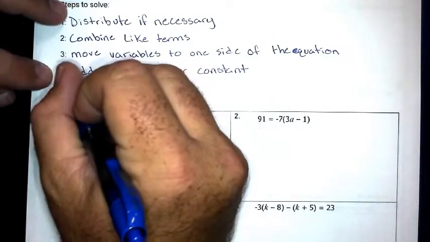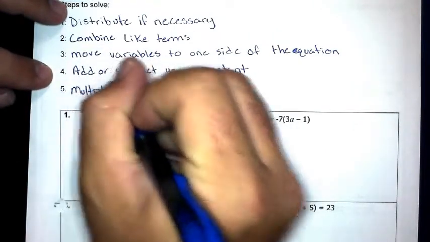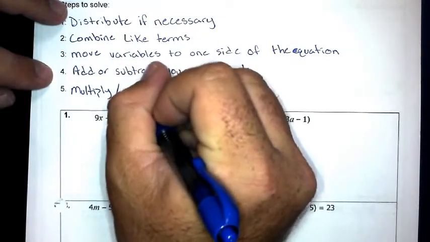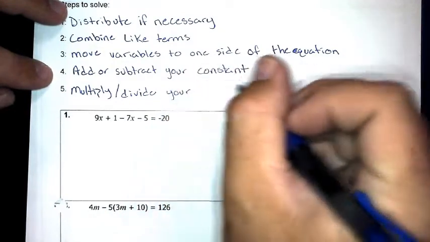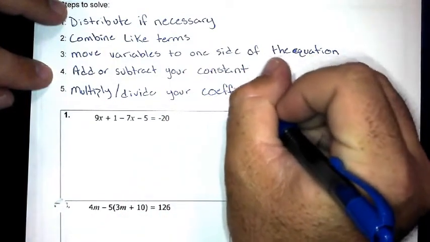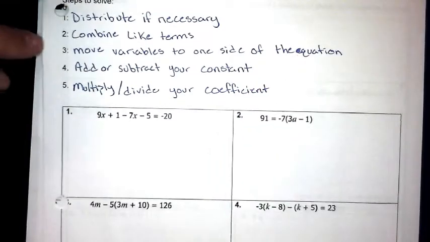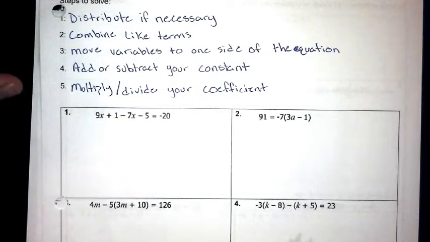And then step five, multiply or divide your coefficient. And remember, coefficient is the number next to a letter.